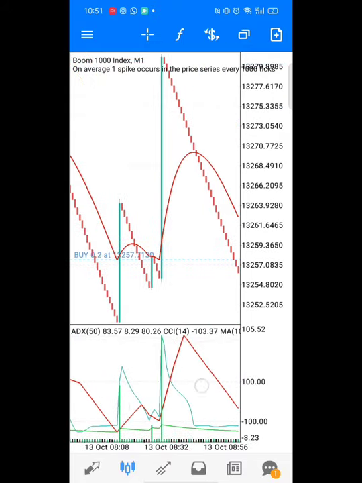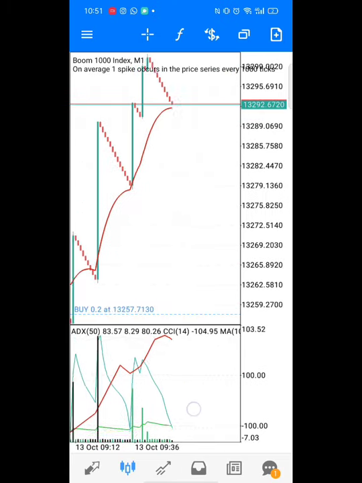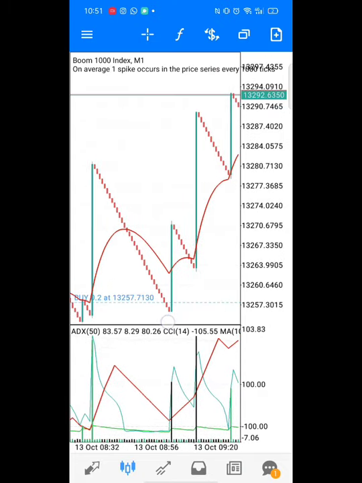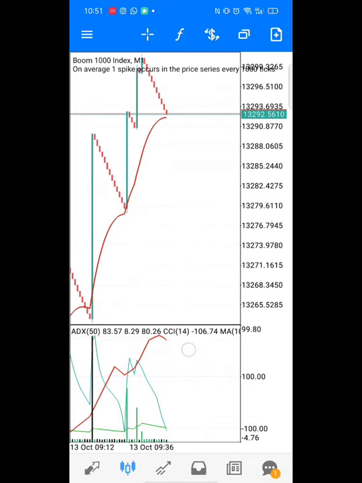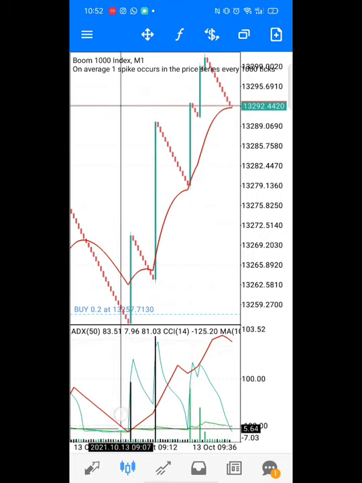I waited for it to cross below. As you can see at this point, this was my entry. The red moving average crossed below this green line at the oversold level, then I placed the buy.